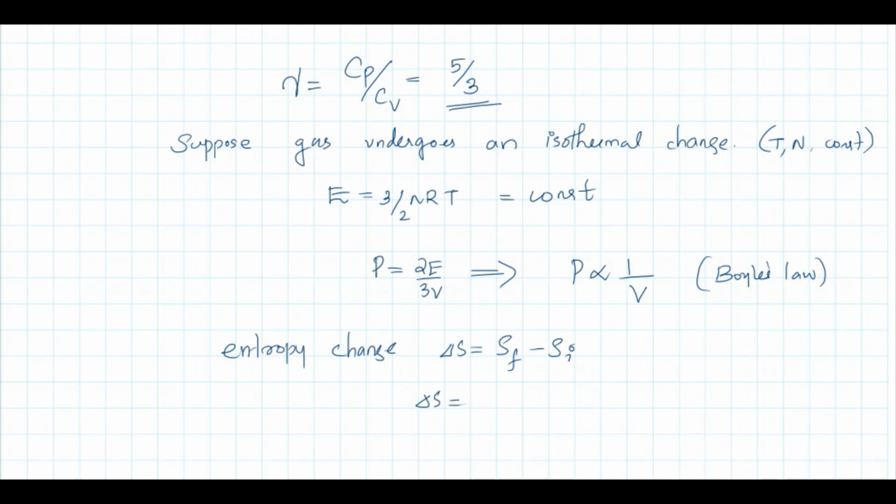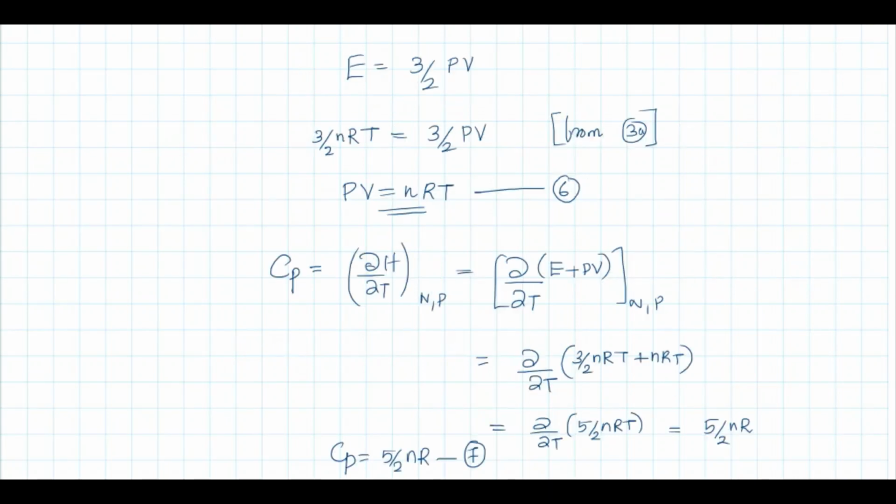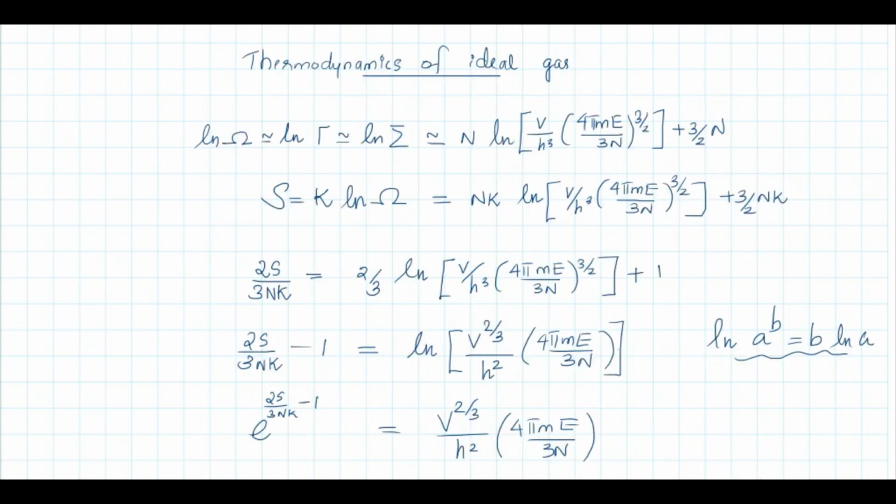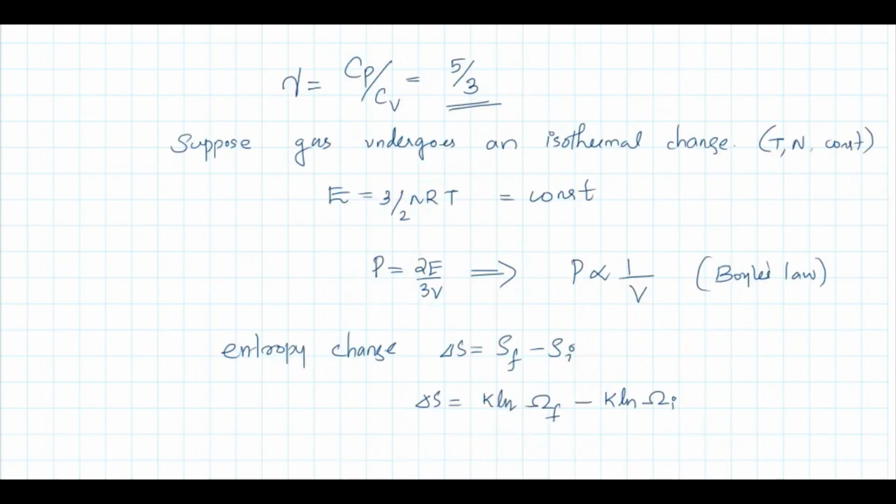So delta S is equal to k log omega_F minus k log omega_I. But omega depends on N, V and E, and here E and N are constant, so the only variable is V. So it depends only on log V.